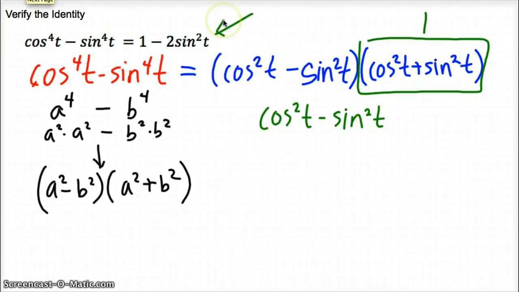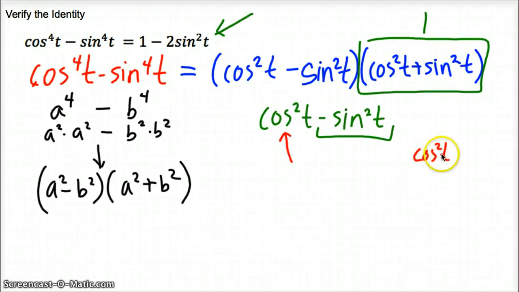I look back at my goal so I don't forget where I'm headed, and I see I have one sine squared of t, but I need two of them. So how can I introduce another sine squared? Well, that's where cosine squared comes in, because I don't want cosine squared in my answer. I go back to my Pythagorean identity, and I know cosine squared t is equal to 1 minus sine squared t.